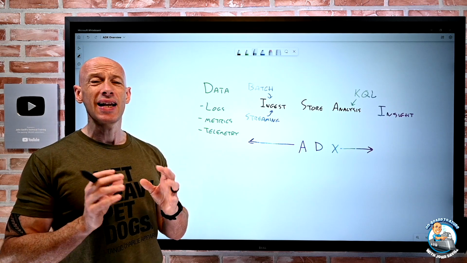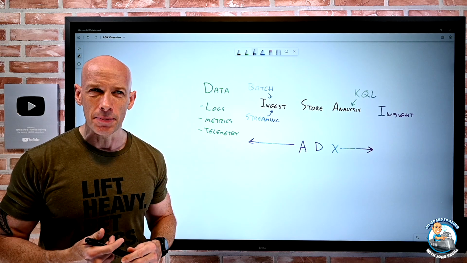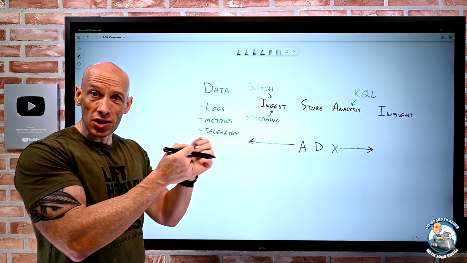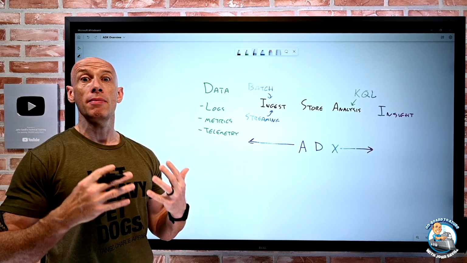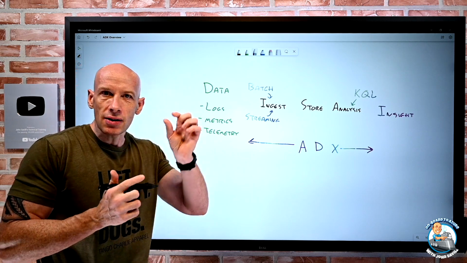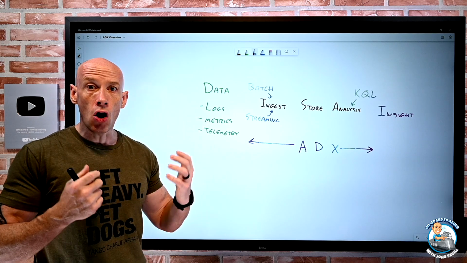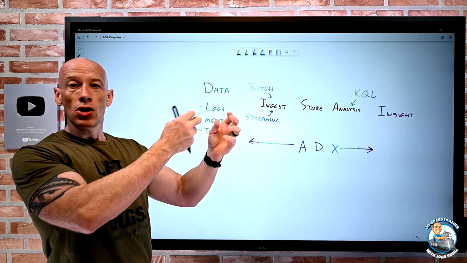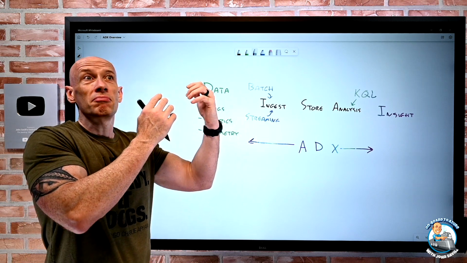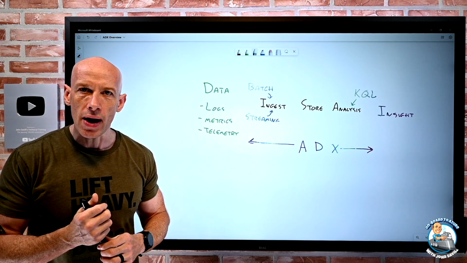Now, I can technically have tables without a time element to them, but generally they're going to have an ingestion time added to them anyway. But I really think about things that are some kind of time series data. Metrics, a value at a time. Logs, some text at a time. Some telemetry, maybe coordinates and an event at a certain time.